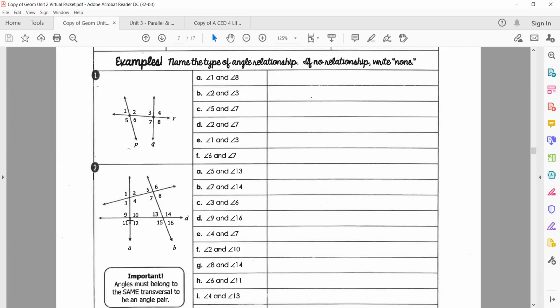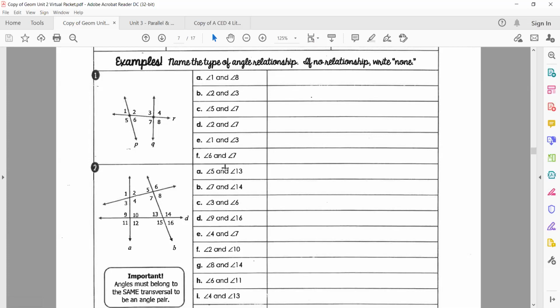Since we're talking about relationships spatially, which examples you're looking at are going to depend on those relationships, which is the transversal, which are the two lines that are cutting through.